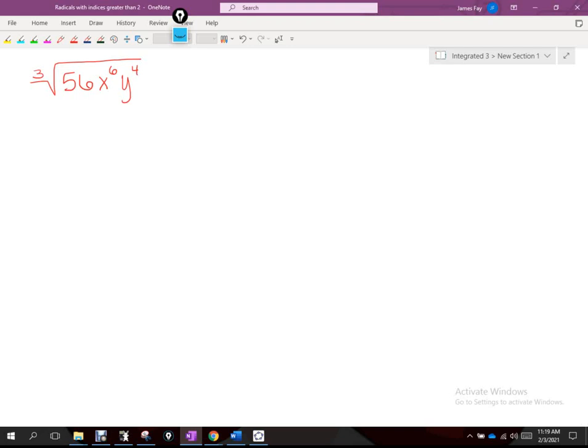Okay, so you guys take a minute and see what you come up with. We'll separate it, cube root of 56. This is exactly what we did with the square root stuff. We'll separate it this way. You guys come up with what the cube root of 56 looks like.